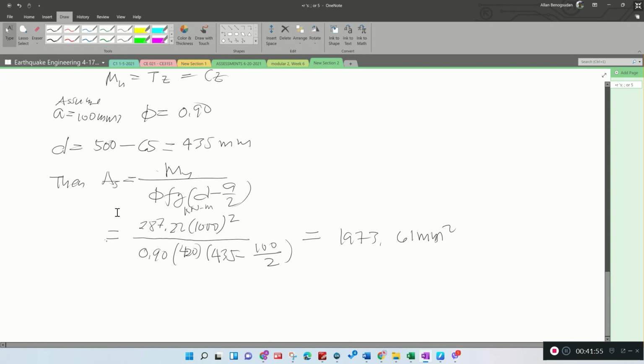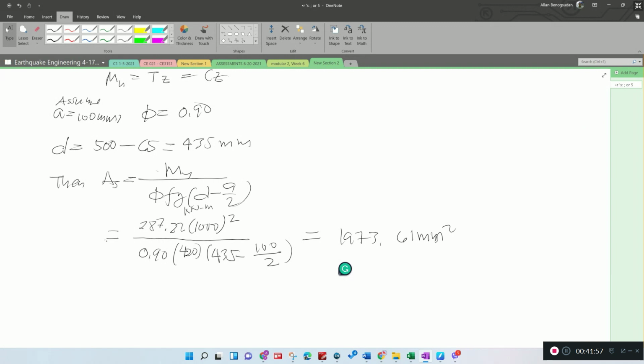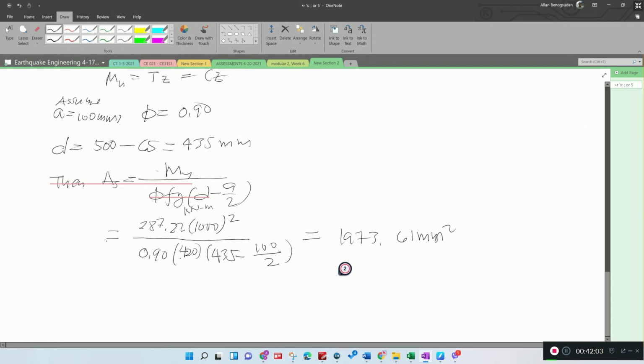That is how you make the solution so you won't forget. So this is kilonewton; you always have to check reconciliation of units. It's one way to check your solution whether you are correct or not.